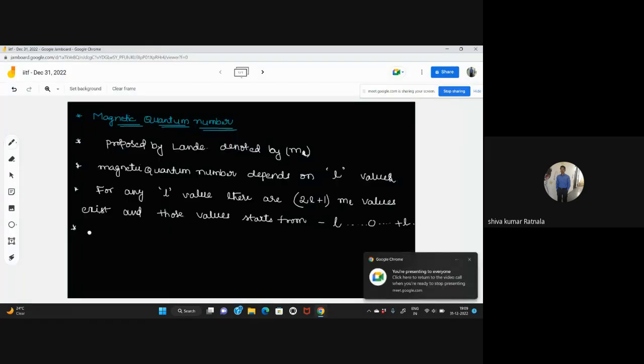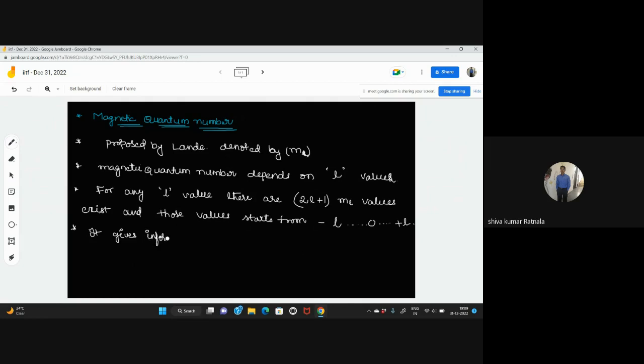See, the ML value explains, or gives information about, the orientation of electrons.